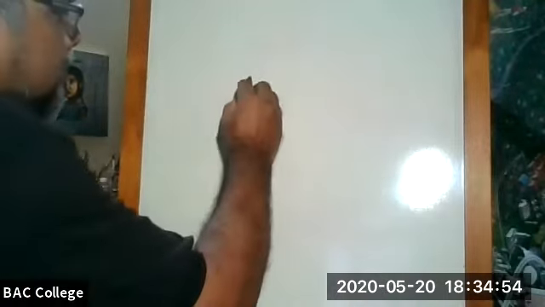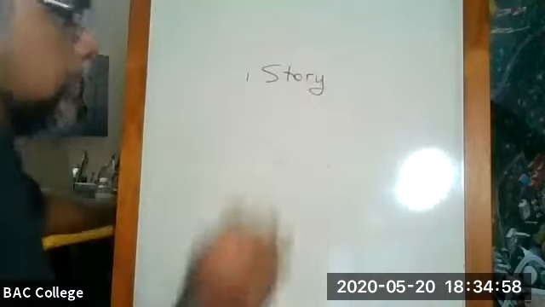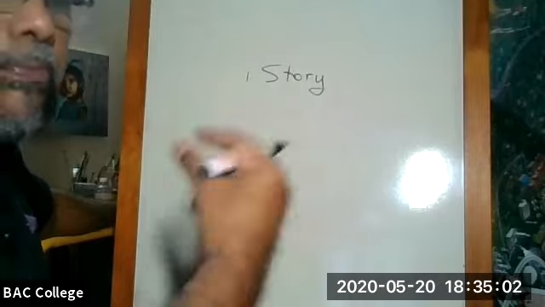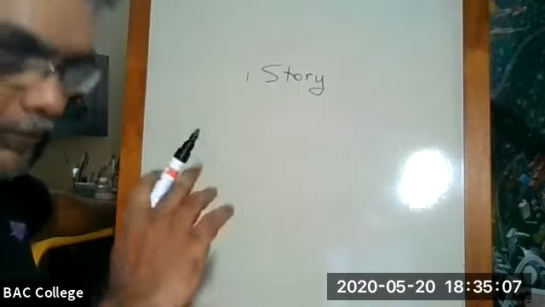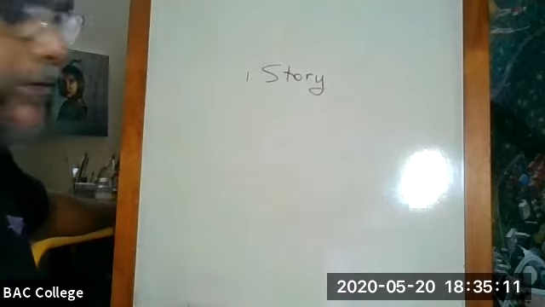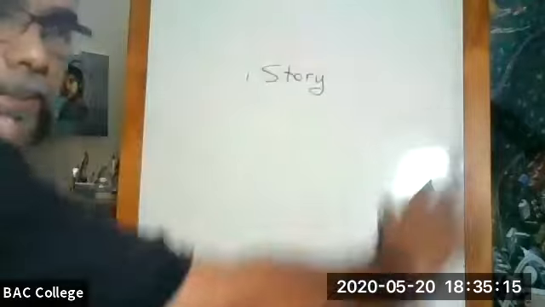First of all, you have to have a story. What is your story? Now, I'm not going to ask you to create a whole book of caricatures because it'll take a long time, and it takes many people to do it. I'm just going to ask you to do a one-page comic.